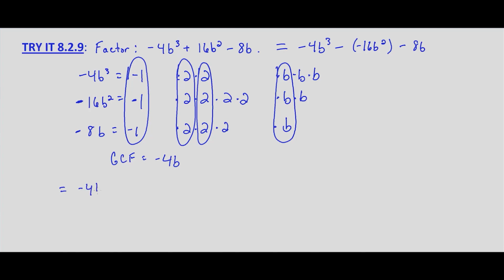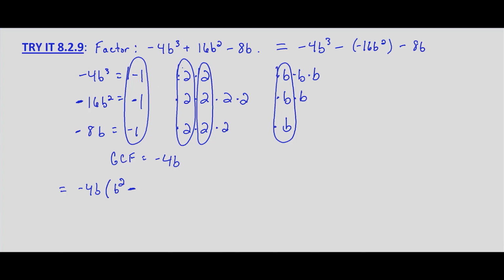Negative 4b times b squared minus, because we basically looked at these as plus a negative 4b cubed and plus a negative 8b. So b squared minus, what's in our second one?